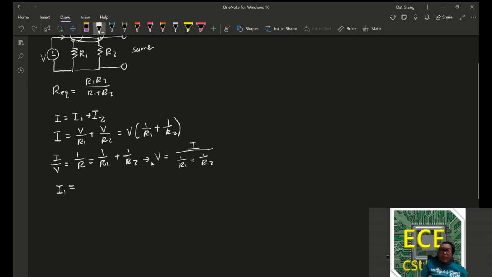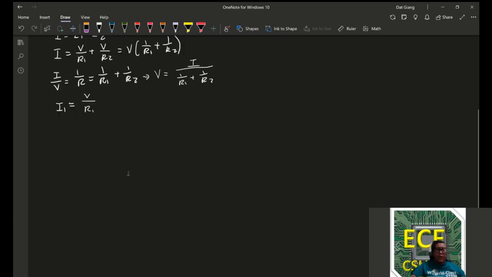So I1 is going to be V divided by R1, or equivalently, I divided by this really ugly reciprocal formula.